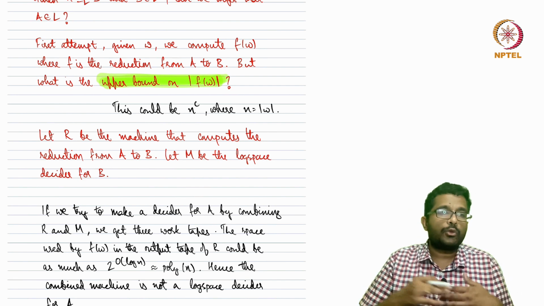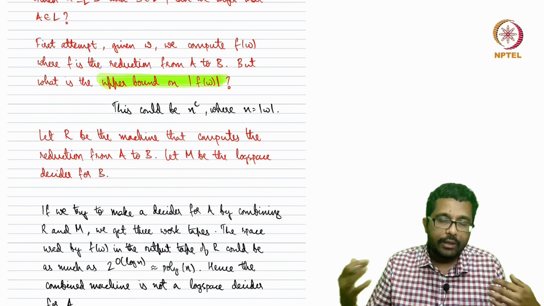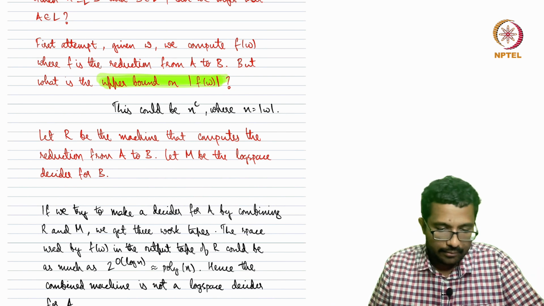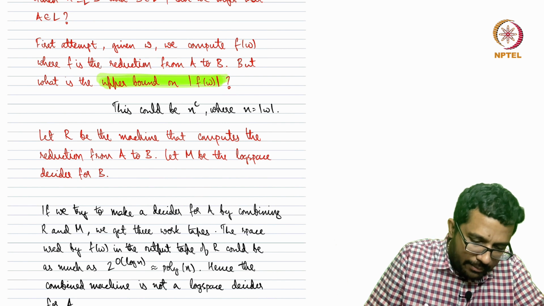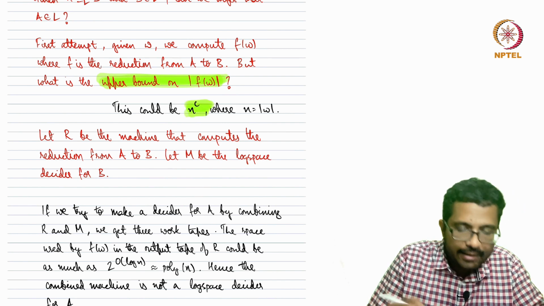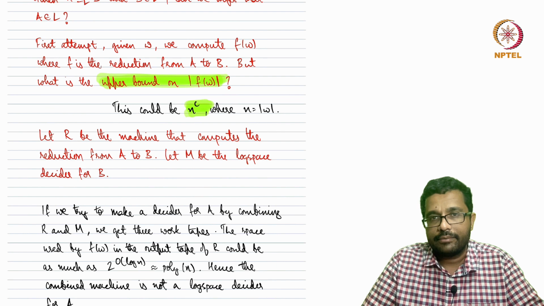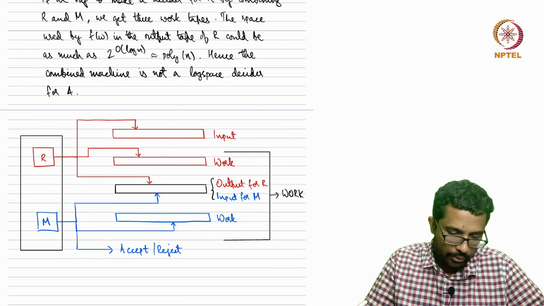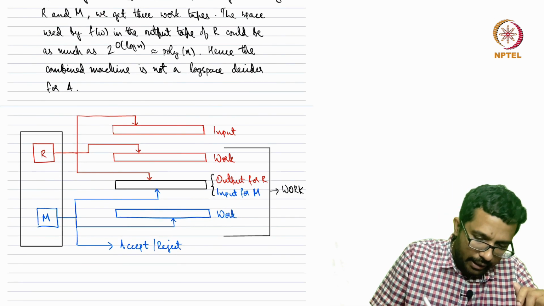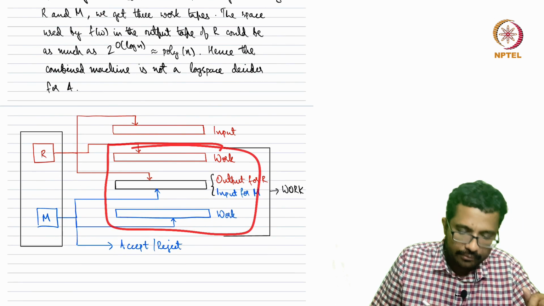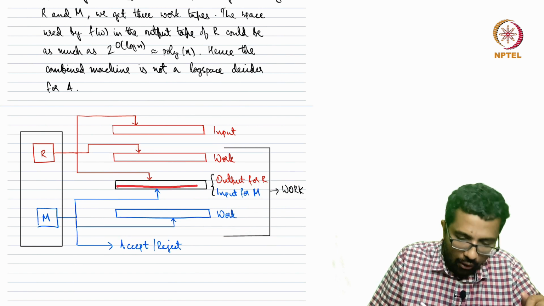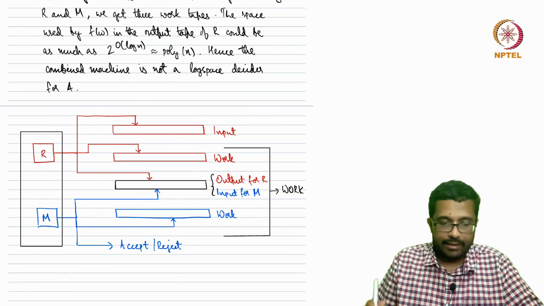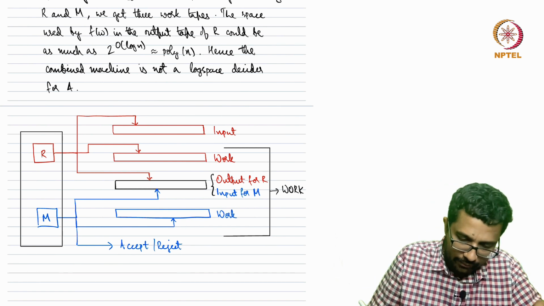This means it can run for 2 power O(log n) time, which means the output could be of 2 power O(log n) length, which is n power constant length. So this could be as bad as n power c, where c is some constant and n is the length of the input. The problem is that this combined machine considers these three as the work tape, and we know that this is already taking up to n power c space, right?